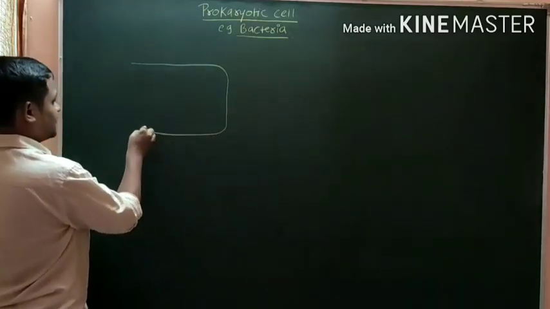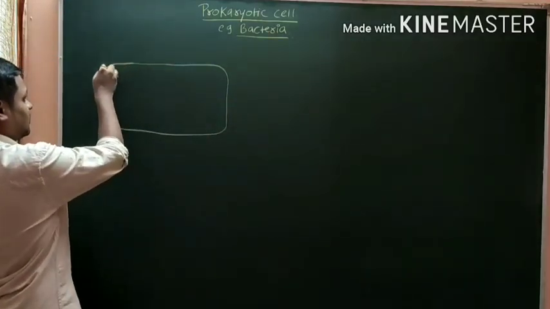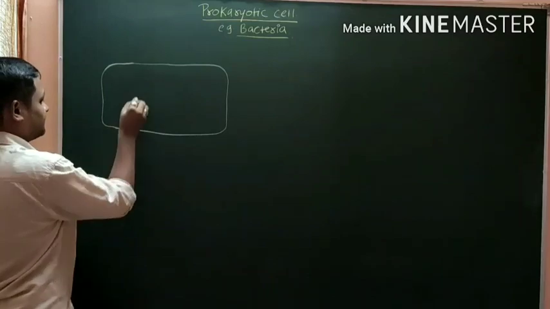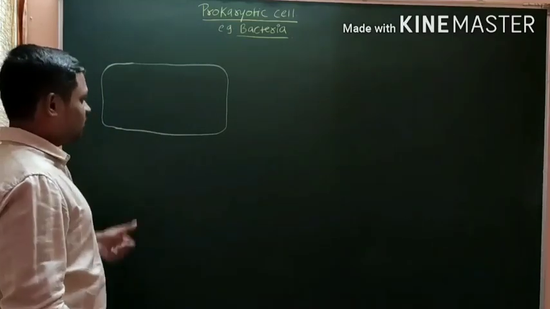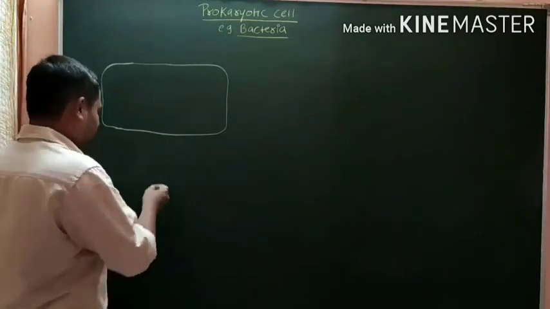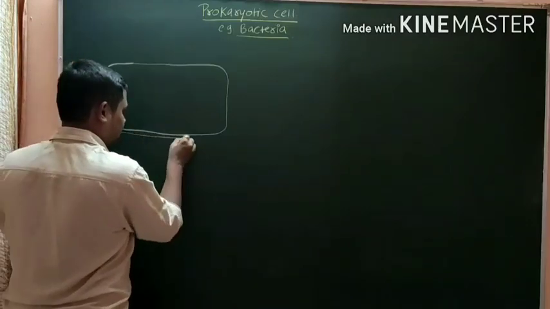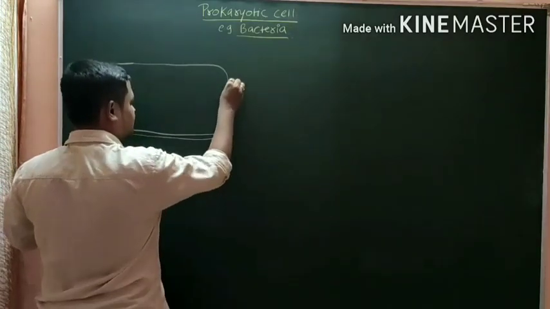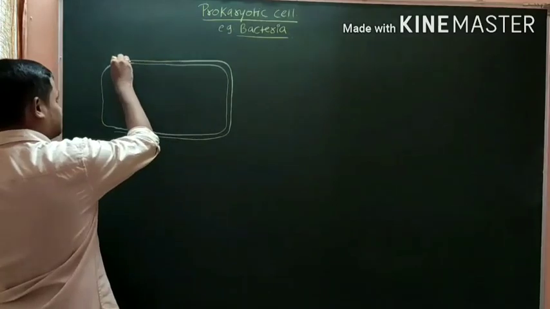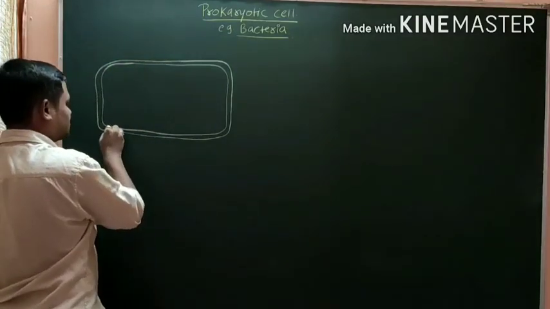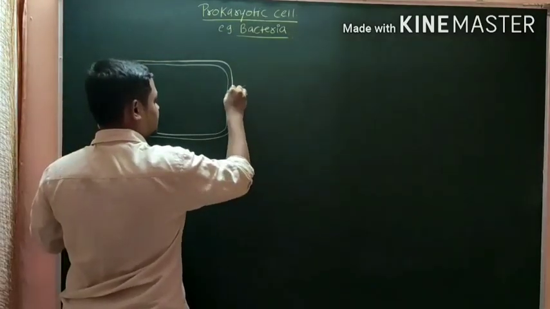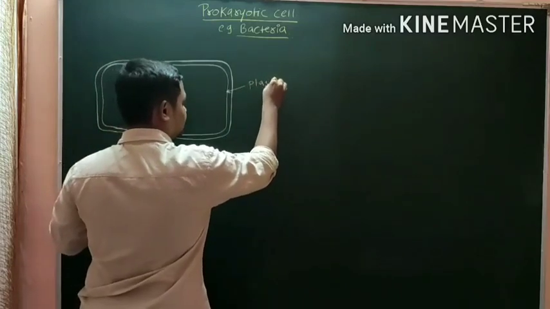This is the plasma membrane of bacteria. Outside the plasma membrane, there is a presence of cell wall.